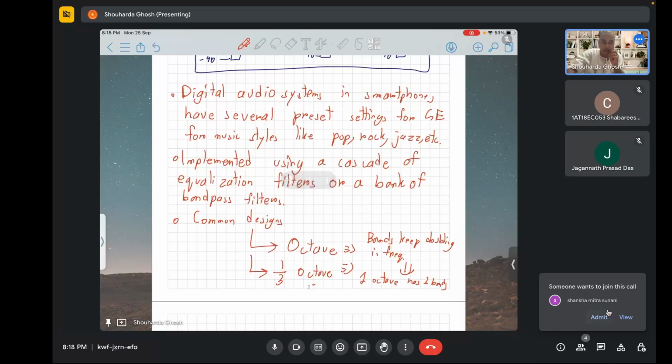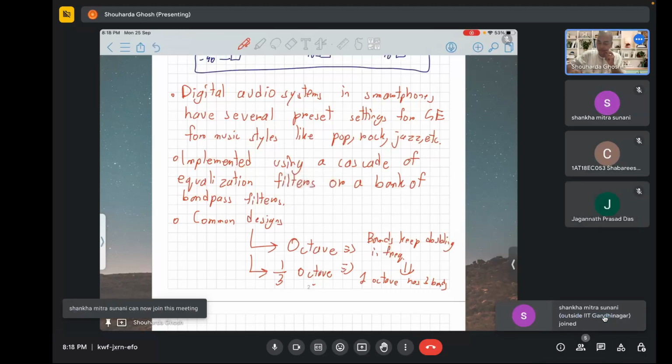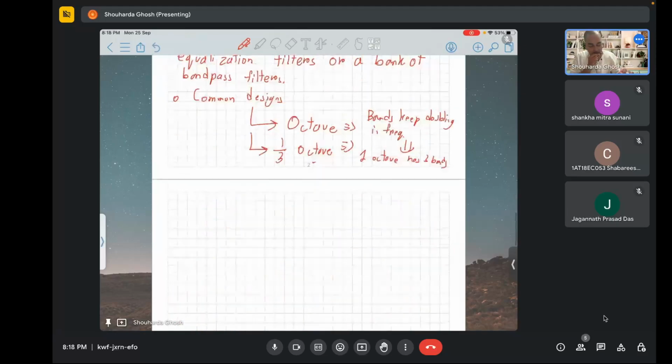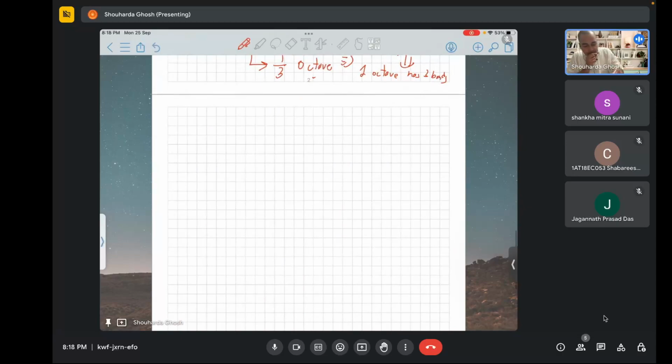Okay, so that's some of the basic theoretical stuff about your graphic equalizers. Really pure theory. Okay, then you have the design.